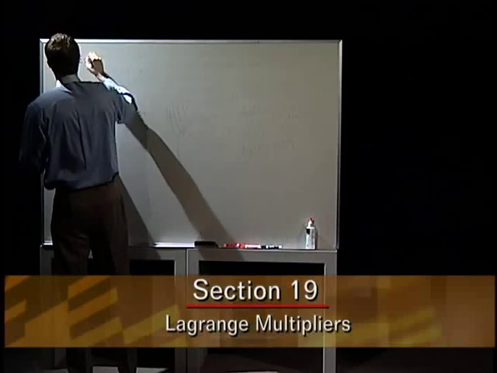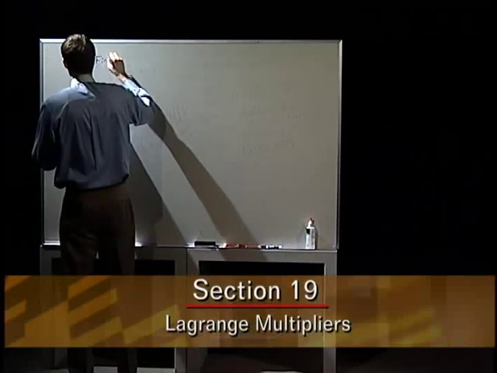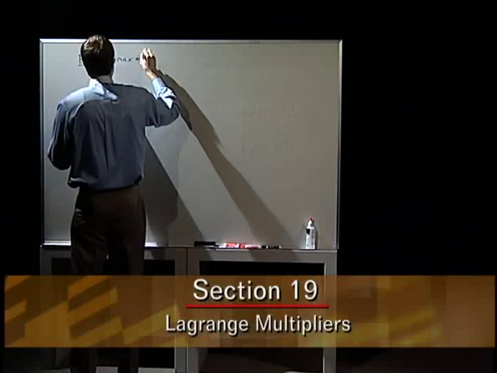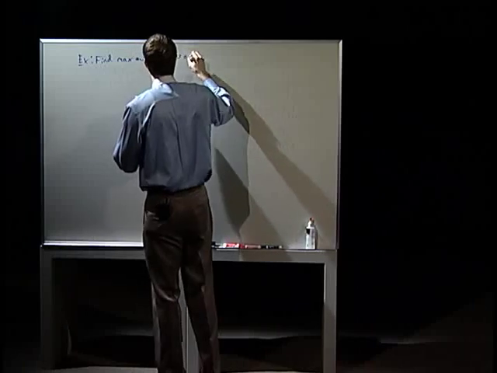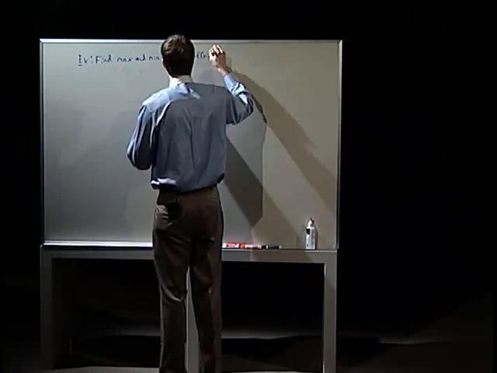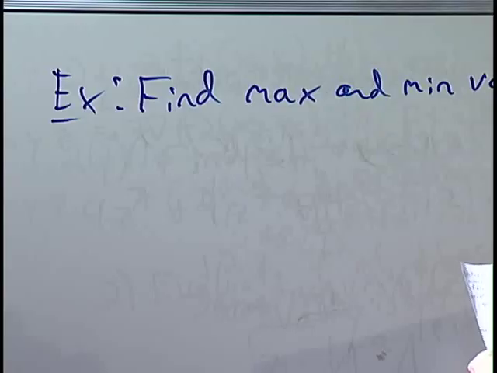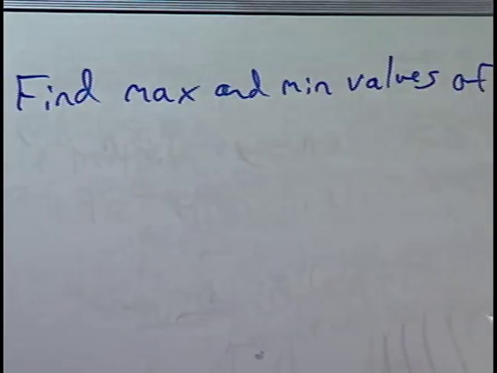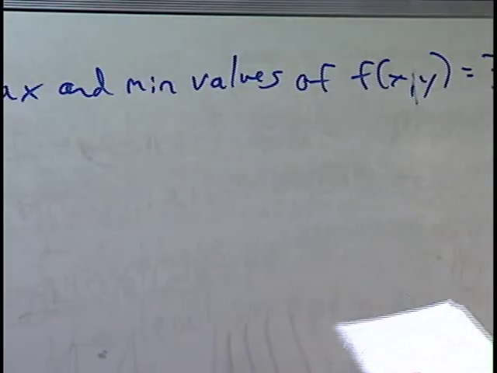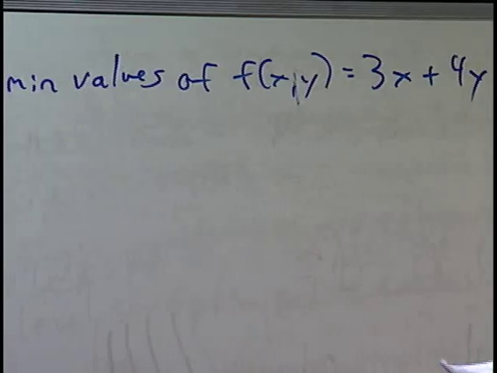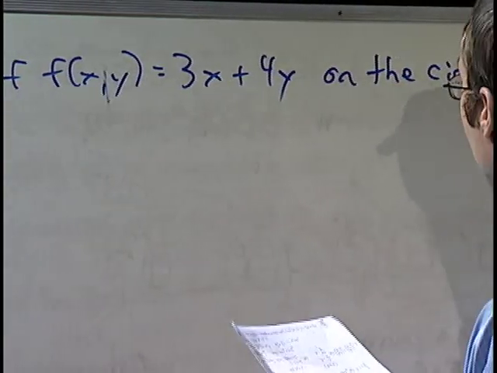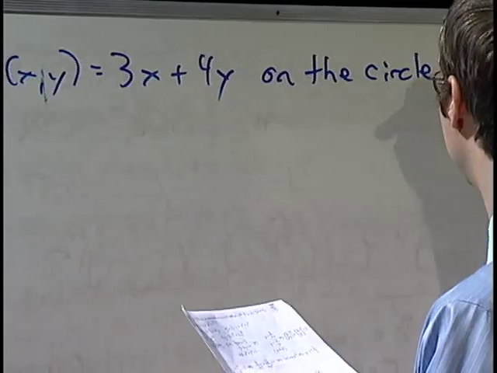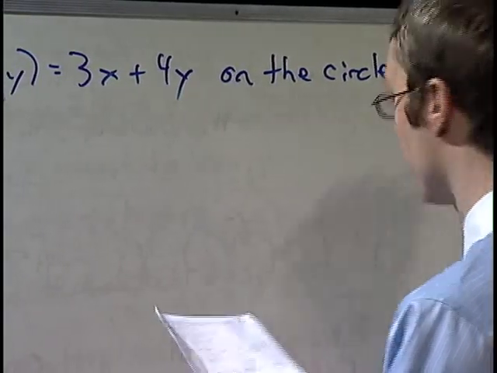So this time, let's find the max and min values of the function 3x plus 4y, some linear function, on the circle x squared plus y squared equals 1.